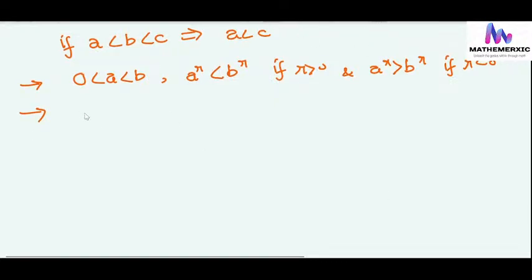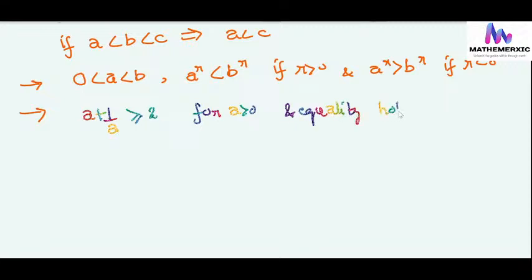So here a few more things are there, that A plus 1 by A is greater than or equal to 2 for A greater than 0. And equality holds for A is equal to 1.